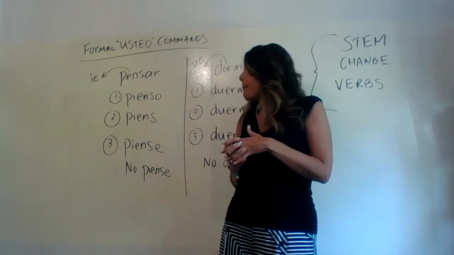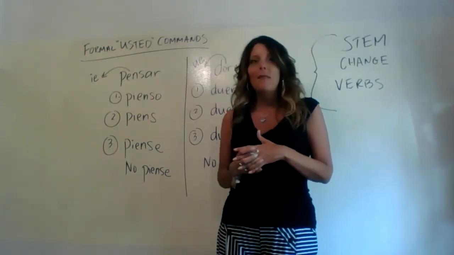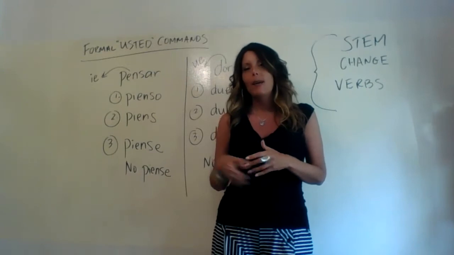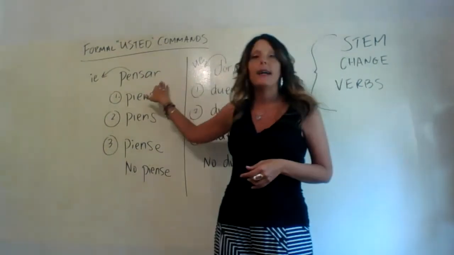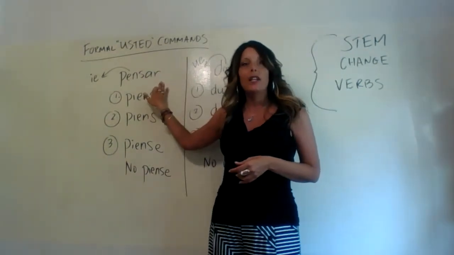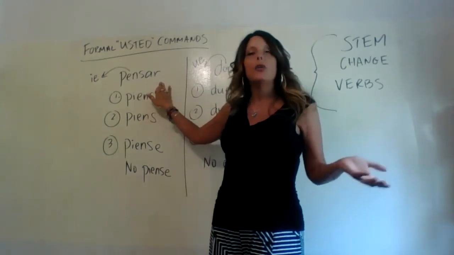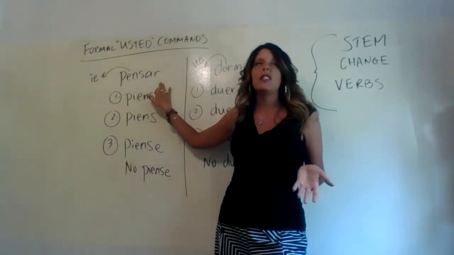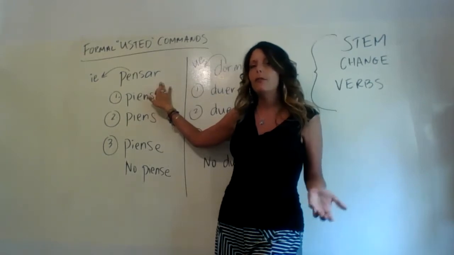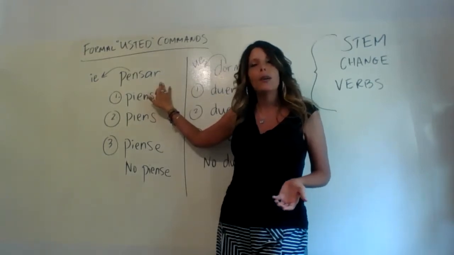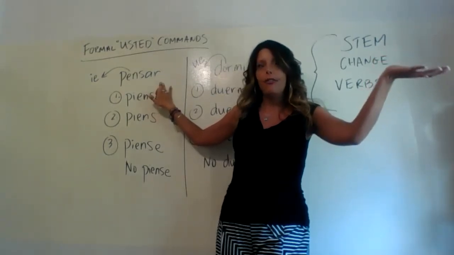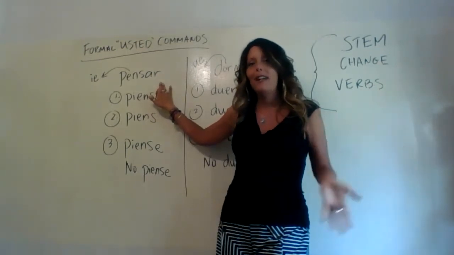So here we go. Stem change verbs as formal usted commands. We have the verb pensar, to think. Maybe I want to address somebody, give them a command, but I want to address them formally or respectfully or politely. And I want to say, think about the future, or whatever it might be.